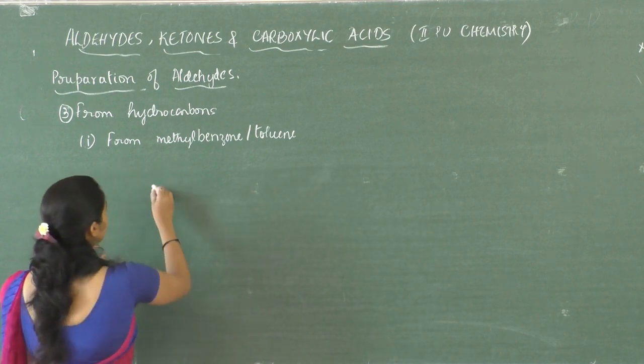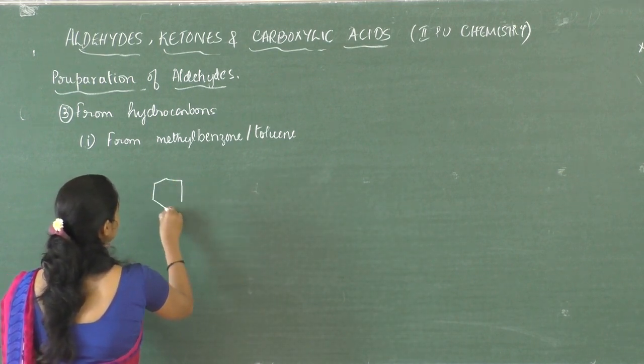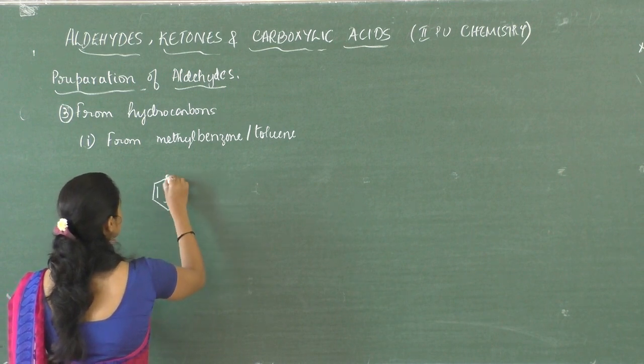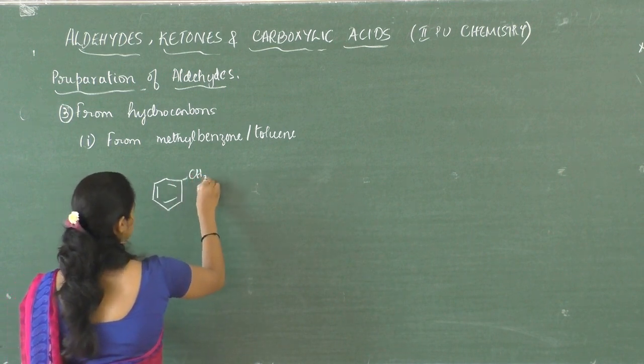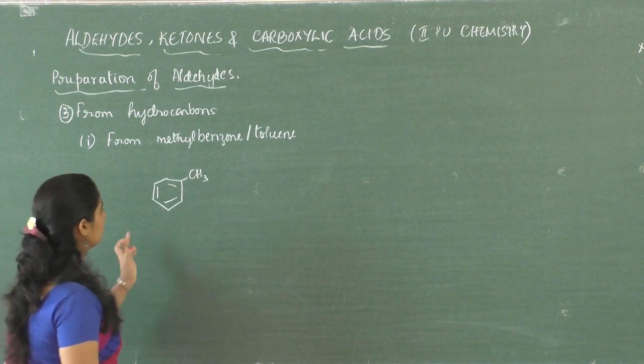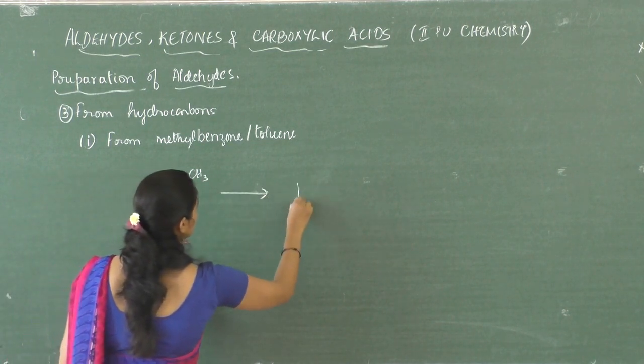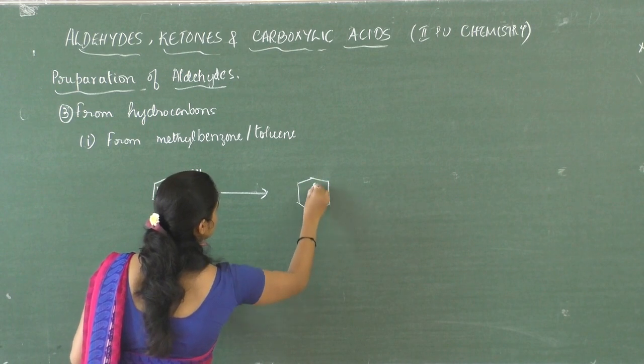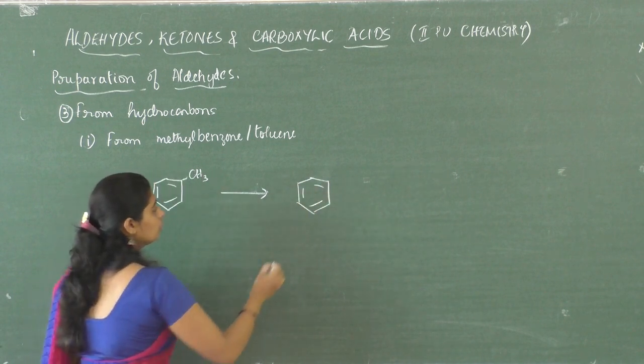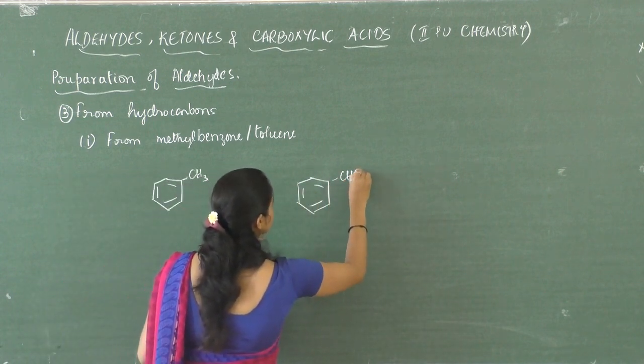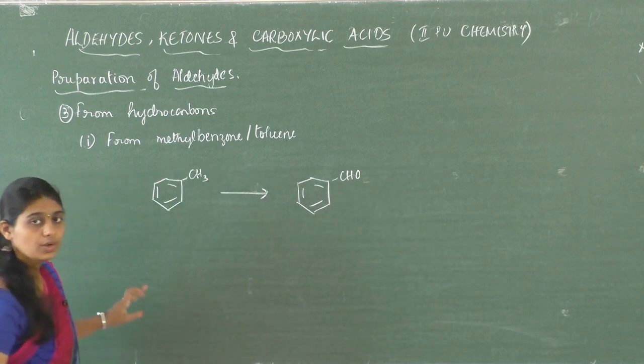So methyl benzene, the structure is this, or this is toluene. From this you need to convert to benzaldehyde, so hydrogen is removed and oxygen is being added here. So this is nothing but the oxidation of toluene.